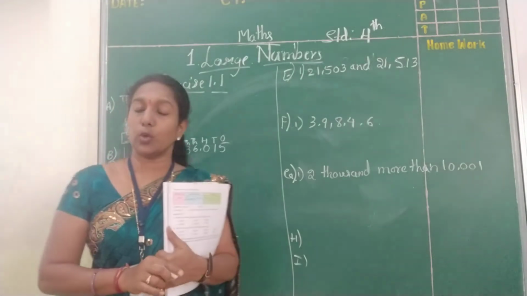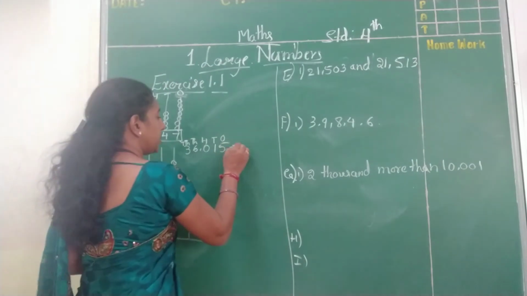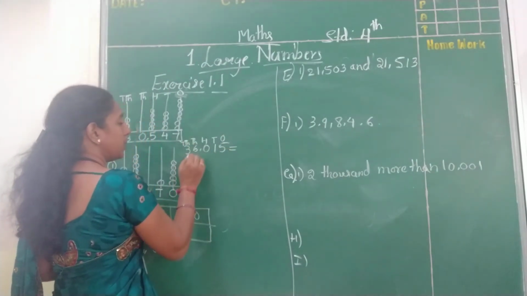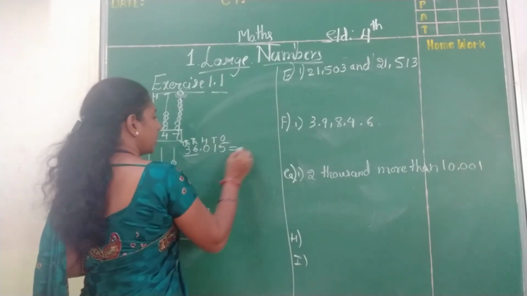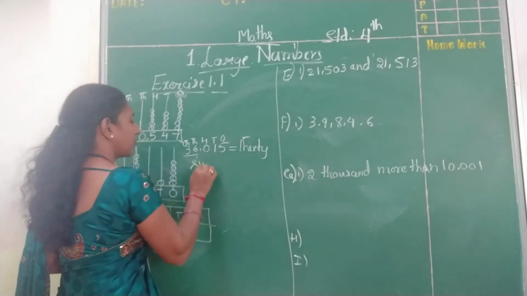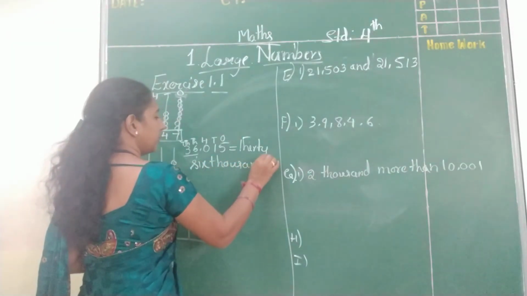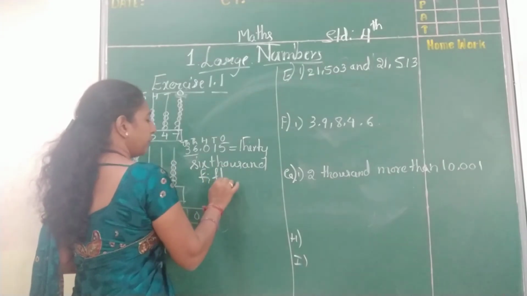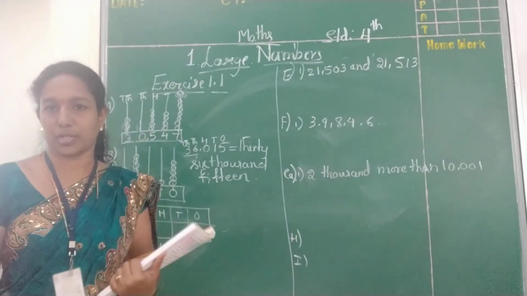And here they told to write the number name also. So how we will read it? 36,000, these two together. 36,015. So that only I will write here. So this is how we have to answer the second question.